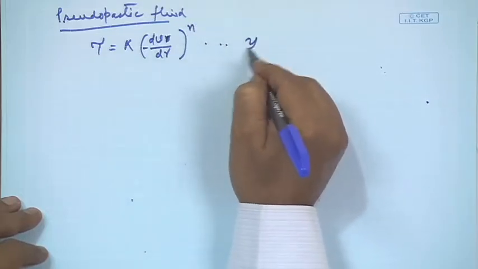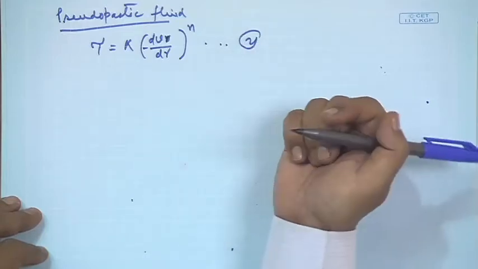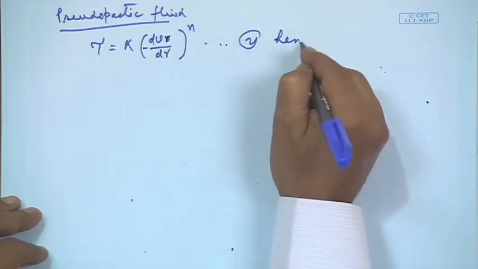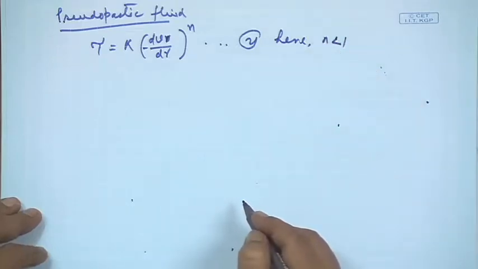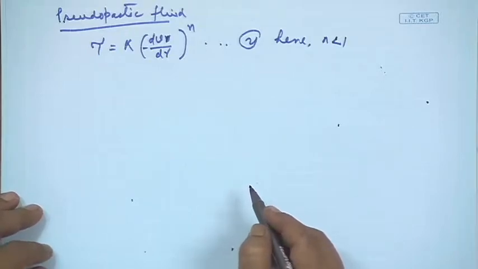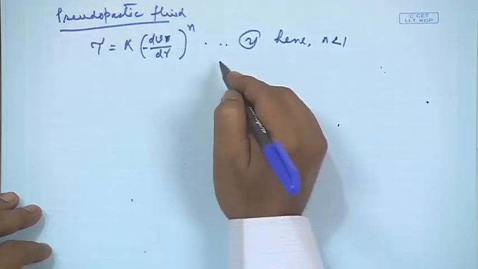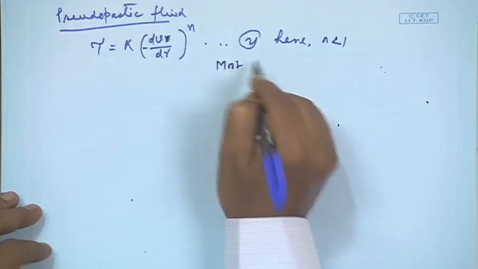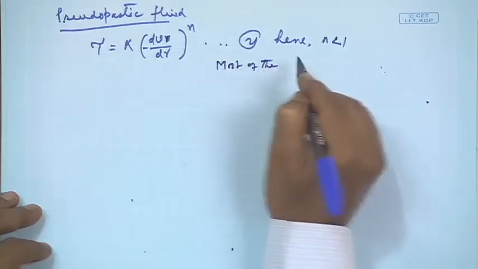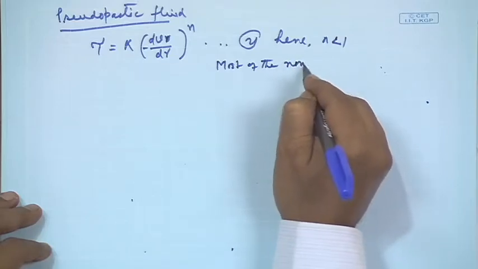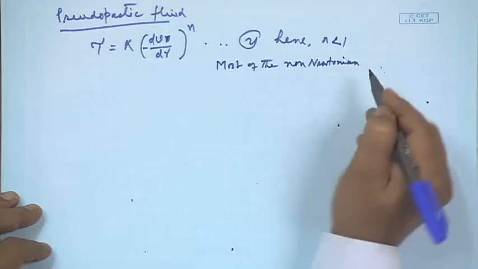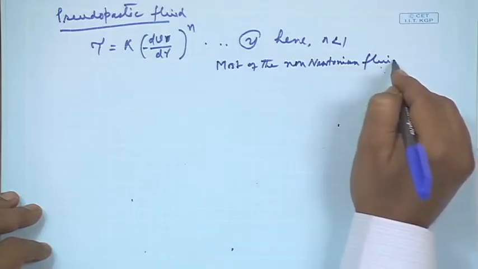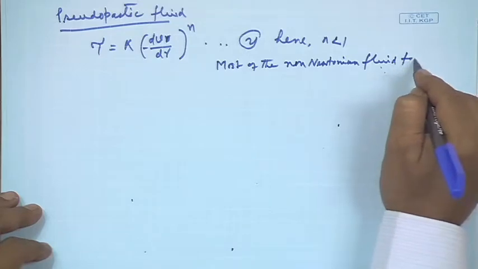Say this is equation number 2. Here n is less than 1, and most of the non-Newtonian fluids follow this relationship.